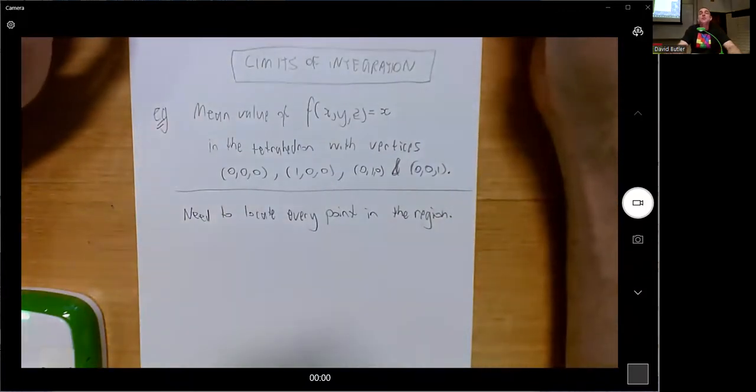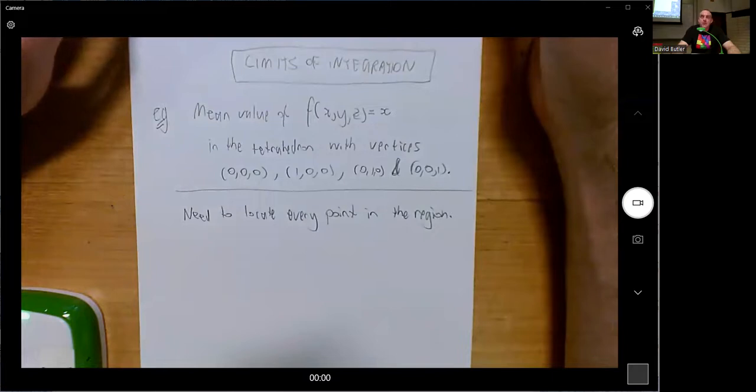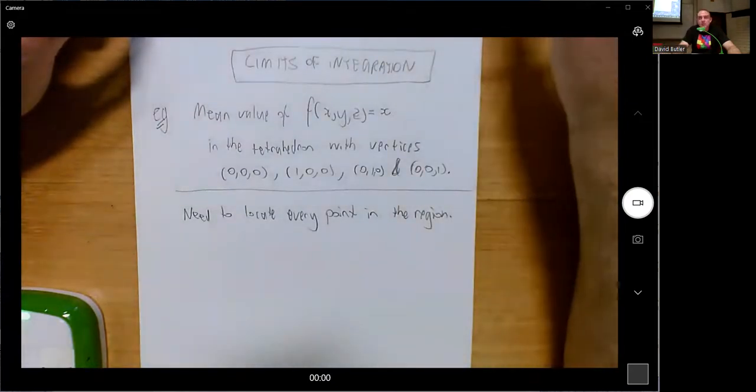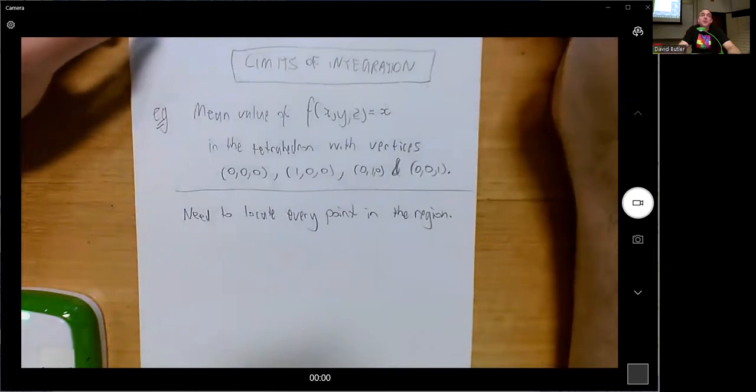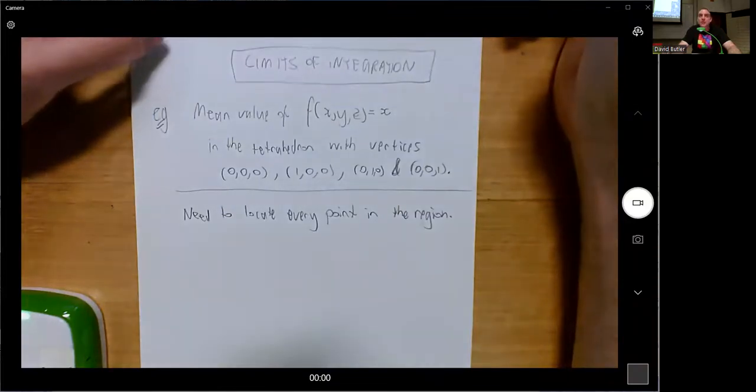I need a consistent way of telling people what every point in the region is. You can either parameterize the region, which causes you to need to deal with things with the dx, dy, dz, or you can locate everything based on their x, y and z coordinates. But you have to have a way of telling people how to choose every point in the region and not choose any points that aren't in the region.